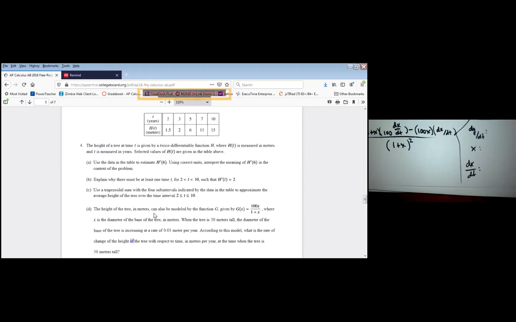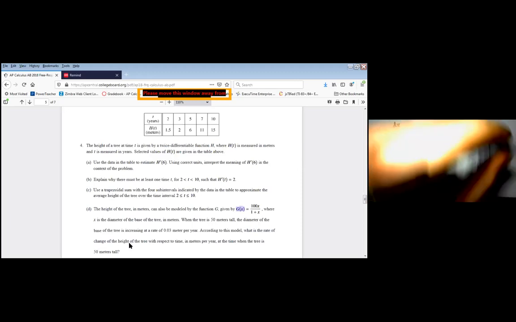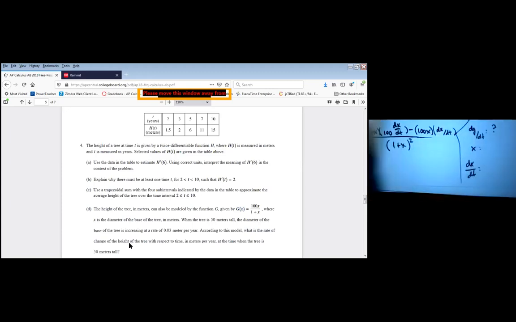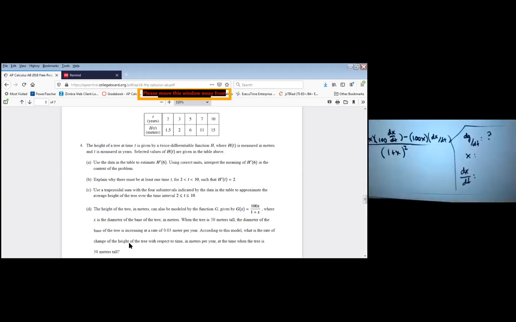The height of the tree is modeled by g, so they're asking you to find dg dt. So now your objective is to figure out x and dx dt, either from the problem or something, and then you just plug stuff in and you got it.